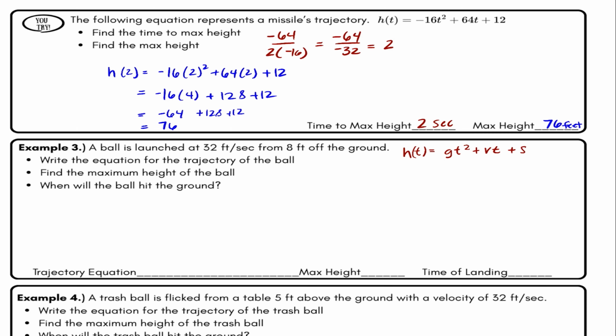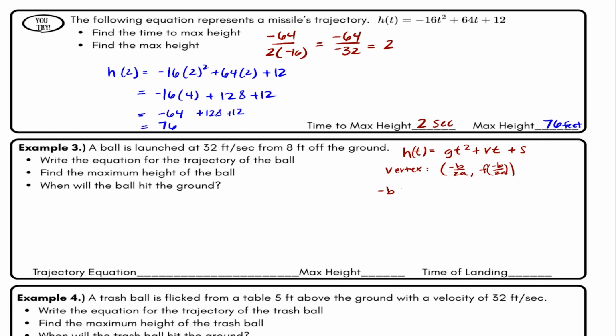The other thing we're going to need is the vertex. So the vertex is negative b over 2a, and then the function of negative b over 2a, so that just means plug it in, if you remember. And the last one we're going to need to find when the ball hits the ground is the quadratic formula.